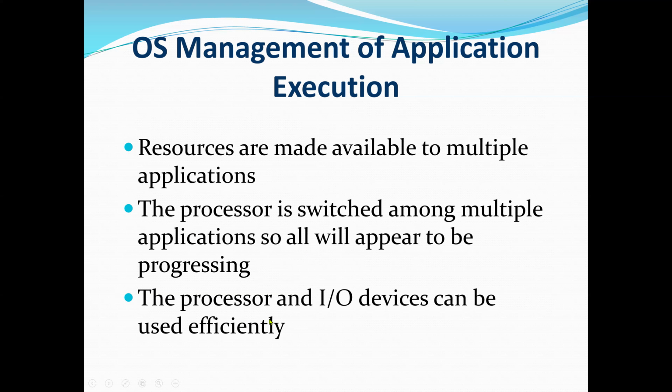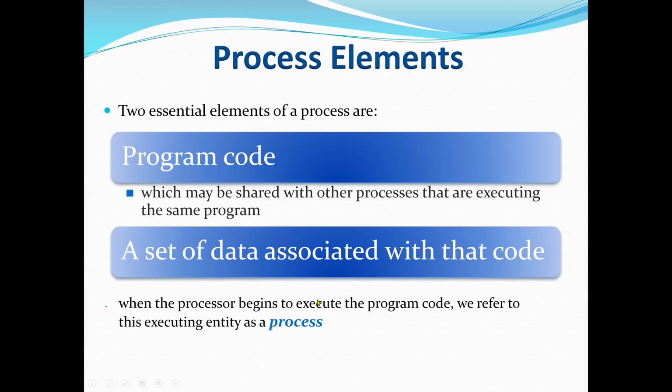And lastly, the processor and I/O devices can be used efficiently. These are some of the main objectives of an operating system. This approach is taken by all modern operating systems, and they normally rely on a model in which execution of an application corresponds to the existence of one or more processes.